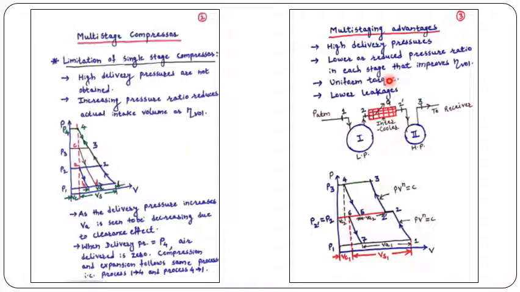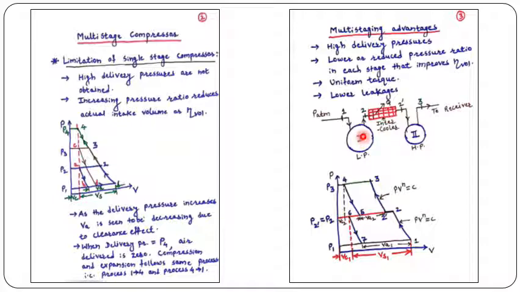Another thing is you will get uniform torque, because in a single stage compressor when there is suction, the torque requirement may be less. During compression the power requirement or the torque requirement is high. But when you have two stages, let us assume that this is a two stage compressor, one cylinder will be in suction, another will be in compression. So, the torque is nearly uniform throughout the revolution of the crankshaft.